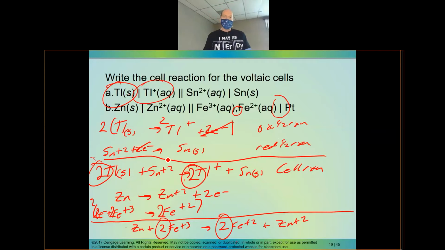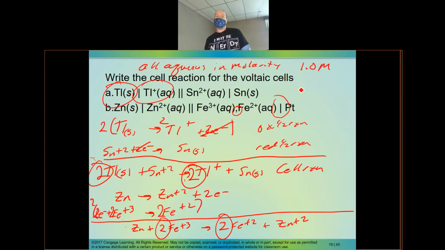Whenever you have an aqueous species, it is going to be in molarity, so we're always going to have a concentration. If no concentration is given, it is the standard state, and the standard state is 1 molar concentration.